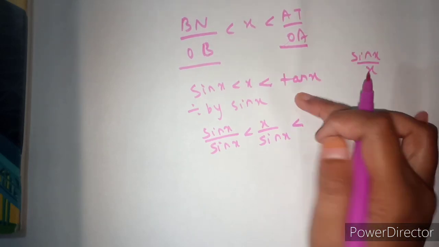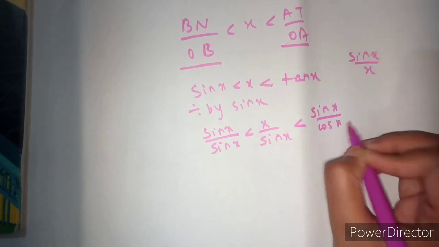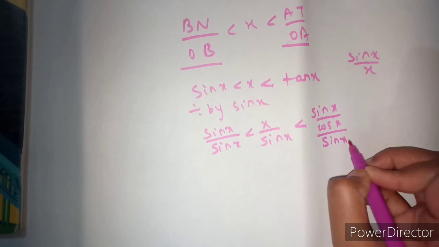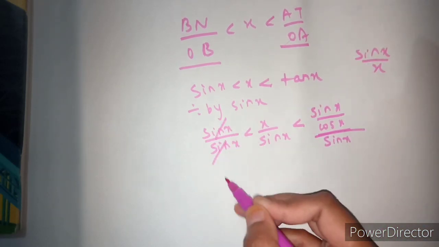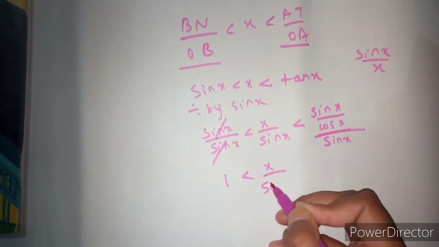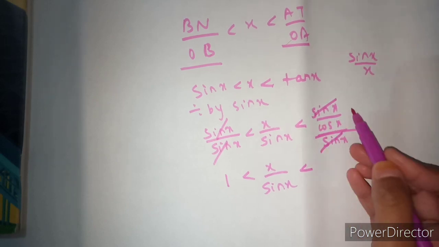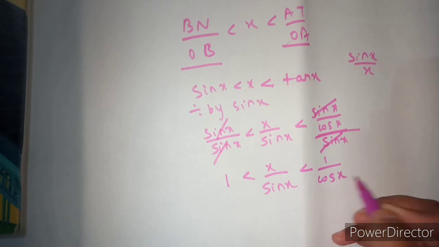This tan x can be written as sin x by cos x, and I am dividing by sin x. Now this sin x gets cancelled. So we have got 1 less than x by sin x, which is again less than 1 by cos x, right?